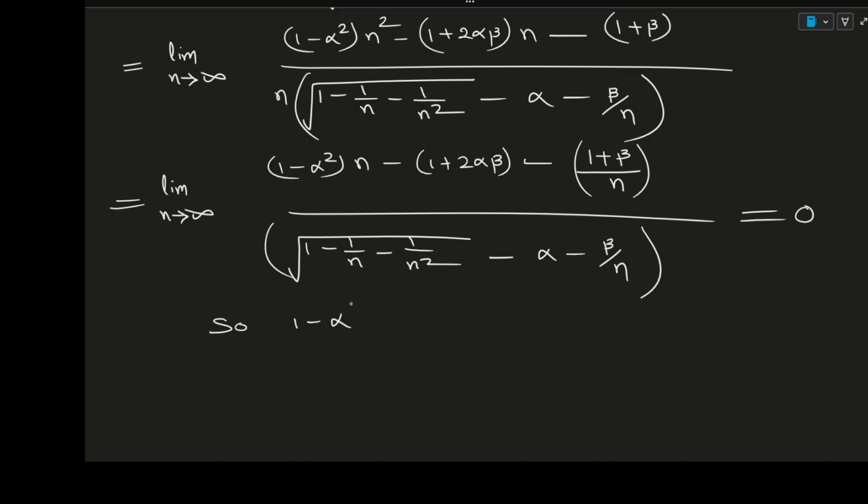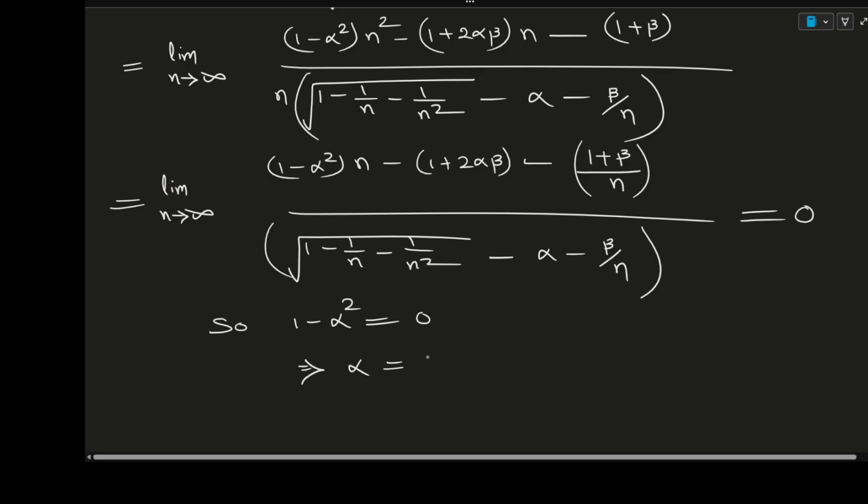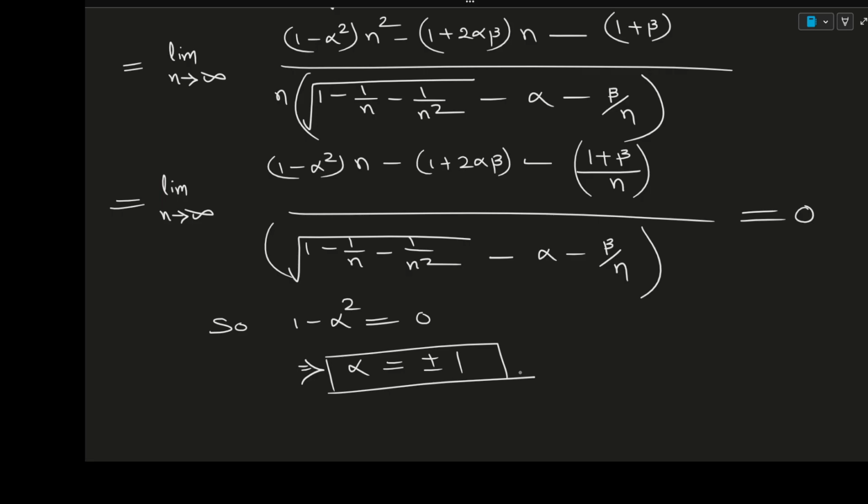That 1 minus alpha square has to be 0, which implies alpha will be plus minus 1. Okay, so it can be either plus 1 or minus 1. Then 1 minus alpha square will be equal to 0, and we can still say that this function will be equal to 0. So this is the required condition. Okay, if it is not 0, then when n tends to infinity, this function will tend to infinity.